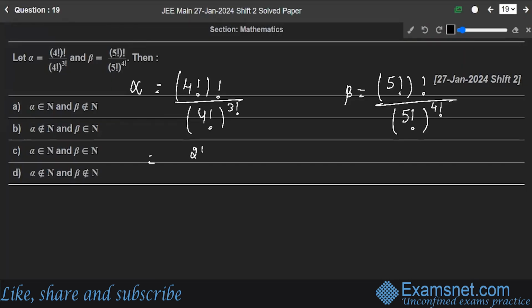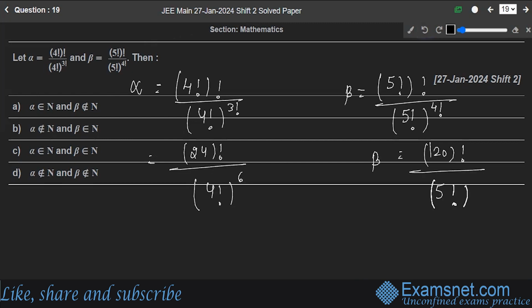4 factorial is 24, factorial upon, I'll write it like this only. What is 3 factorial? 6. And from here, beta, 5 factorial is 120, factorial upon 5 factorial raised to power. What is this? 4 factorial, that's 24.